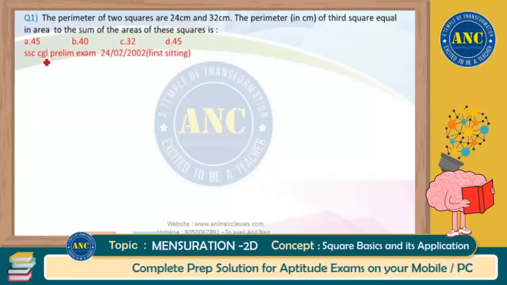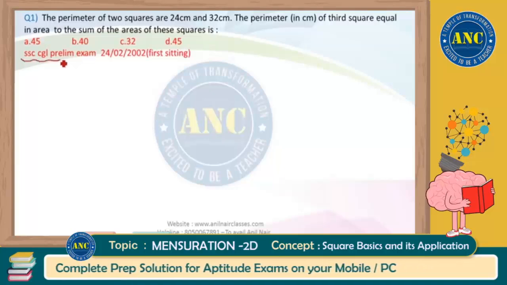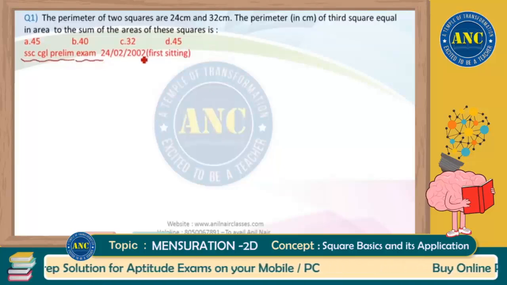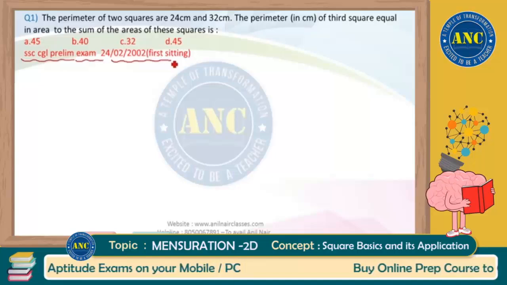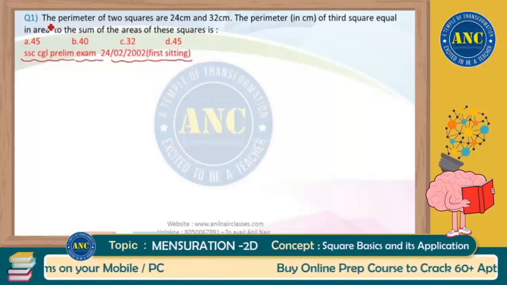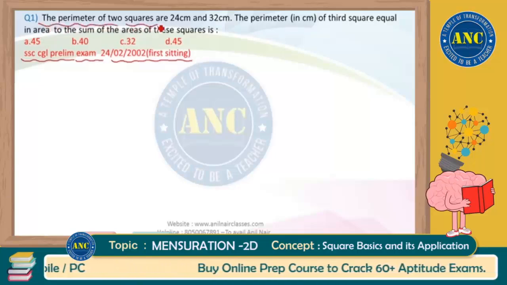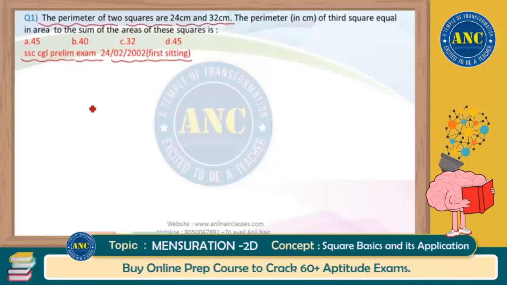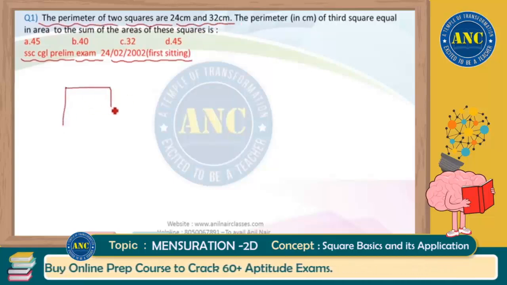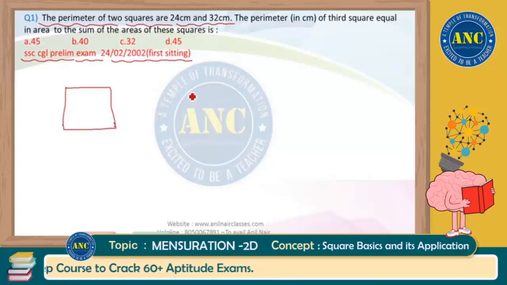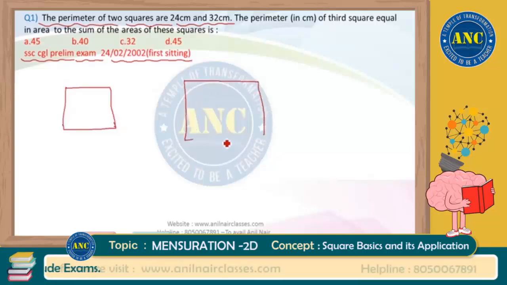This is your original SSC CGL prelims examination question, asked in the year 2002. The question: the perimeters of two squares are 24 centimeters and 32 centimeters. There is this first square and this other square; the diagram is not drawn to scale.